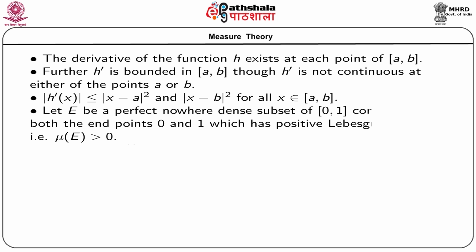Now, let us choose a perfect nowhere dense subset E of the closed interval [0, 1] containing both the endpoints 0 and 1, which has positive Lebesgue measure, that is we have mu(E) greater than 0.